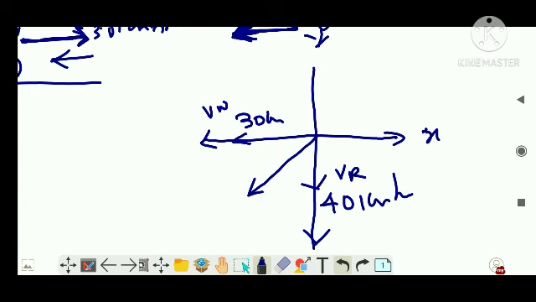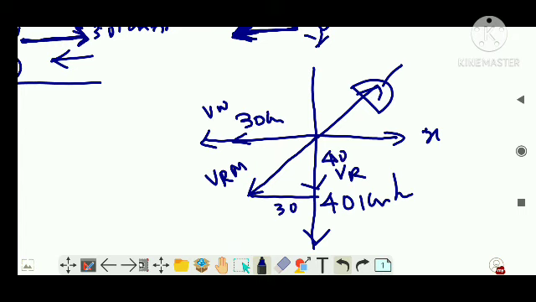It's not actually the rain velocity, right, this is the rain velocity experienced by the man. It will be in this direction, right? So you will hold the umbrella in this direction against it. Clear? Simple. So you now have got the answer, guys. This one is 40, this is 30, right? So what will be this resultant?